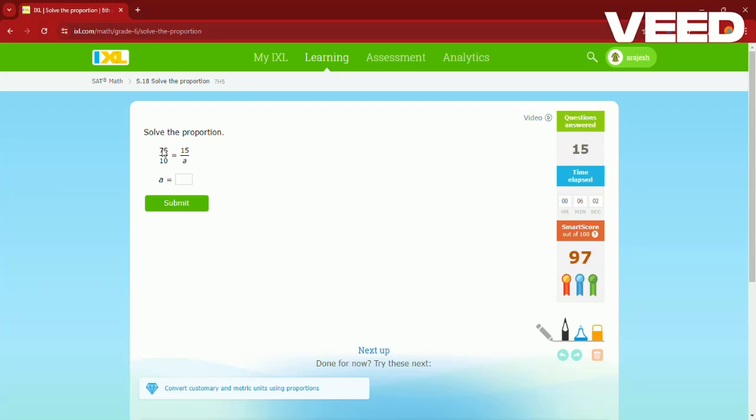Solve the proportion. 75 over 10 equals 15 over A. So let's just rewrite this one right here, because we're going to show the work.